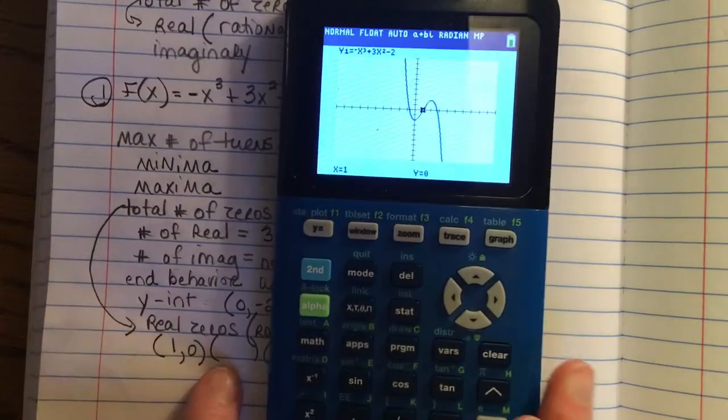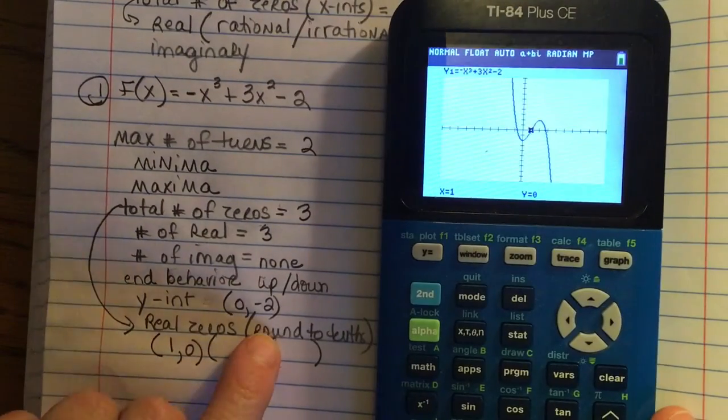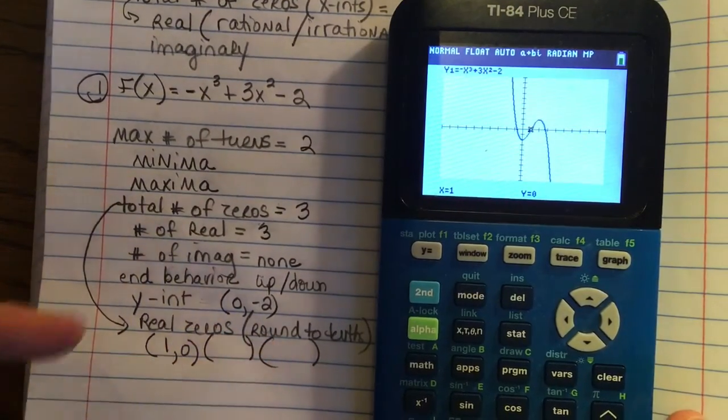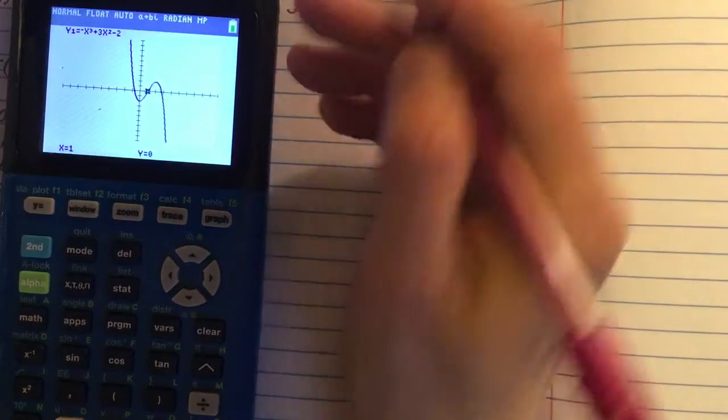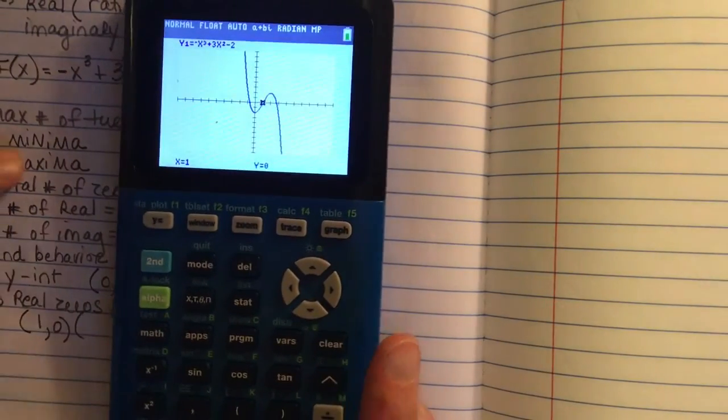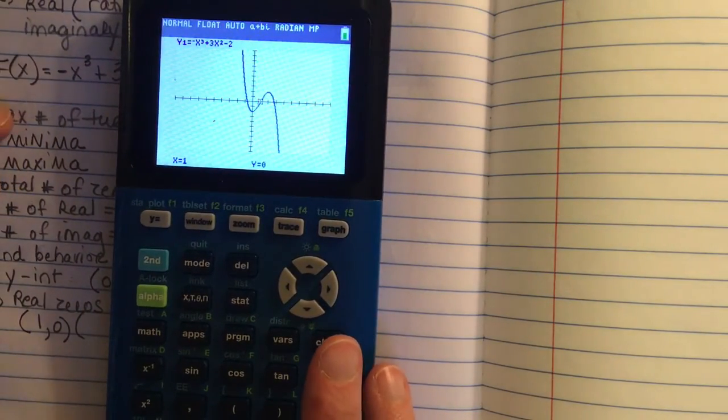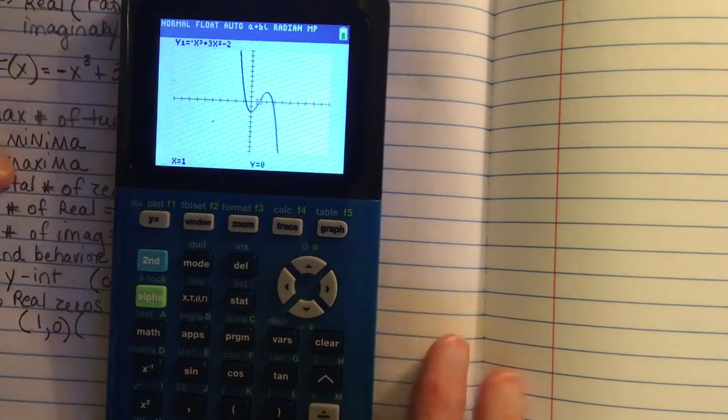And I'm going to put parentheses there because we are actually going to round to tenths, because that's our skill here, not to get the exact, but to be able to calculate it on the calculator. So I think it will probably be easier to do the minima and the maxima first by the calculator.